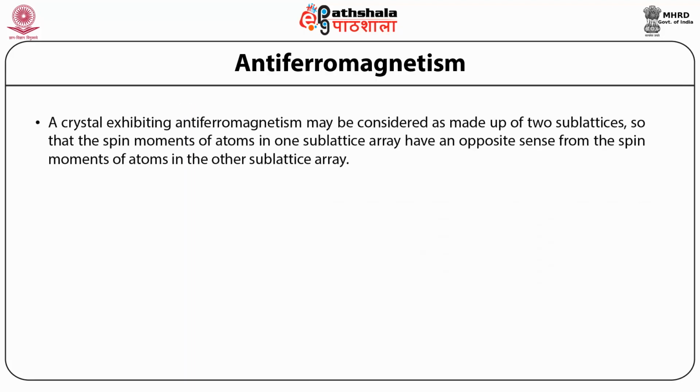A crystal exhibiting antiferromagnetism may be considered as made up of two sublattices, so that the spin moments of atoms in one sublattice array have an opposite sense from the spin moments of atoms in the other sublattice array.